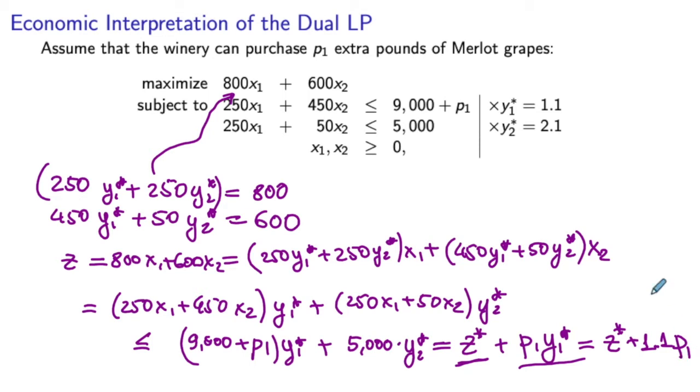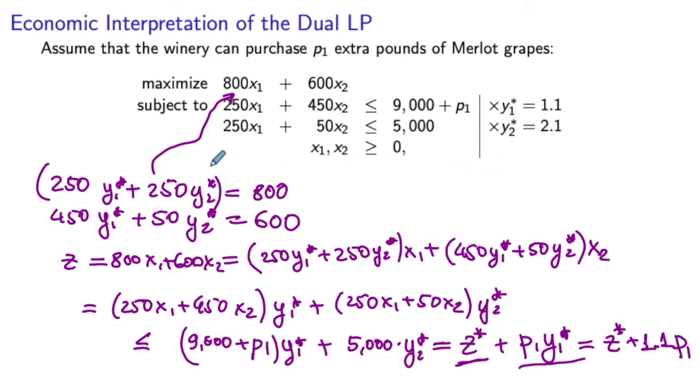So by increasing the right hand side of this constraint by 1 unit, so let's say p1 is equal to 1, we are going to get no more than $1.10 in extra profit. Essentially, the optimal value of the dual variable here gives us an upper bound on how much we will increase our objective if we add an extra unit of the resource.